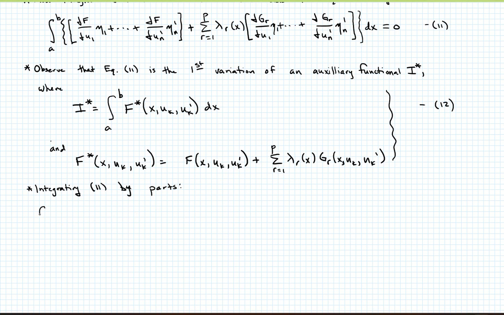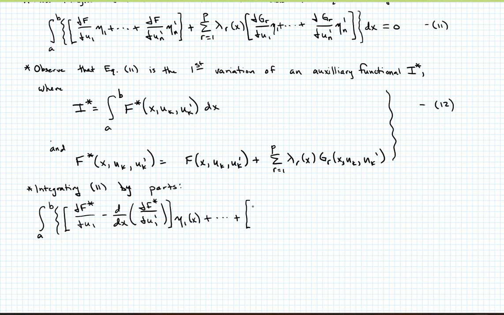We end up with the integral from a to b. Here's my brace. Inside here, this term becomes the partial of f star with respect to u1 minus d by dx of the partial of f star with respect to u1 prime. That term is multiplied times eta 1 of x, plus, and we do this for all of the eta n terms, we end up with the summation here.